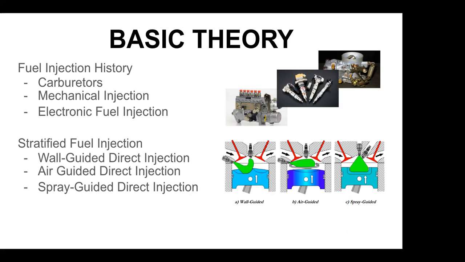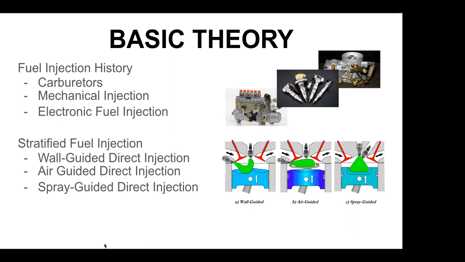Then we also have the mechanical injection, which uses a spring-loaded system that's opened and closed by fuel pressure. And now we also have the electronic fuel injection, which was first introduced in around the 1970s.